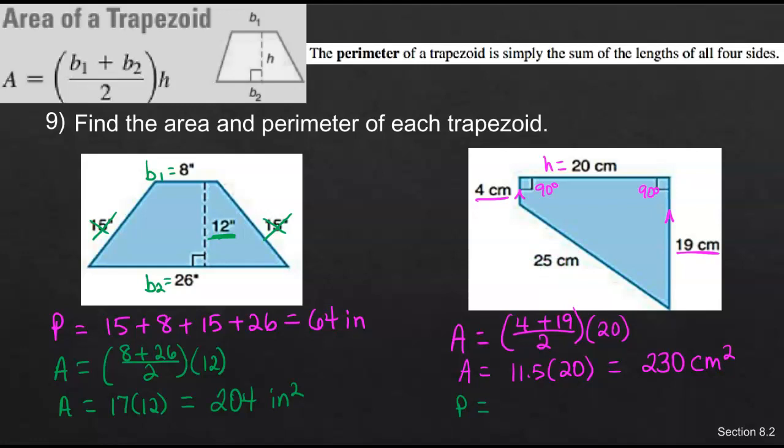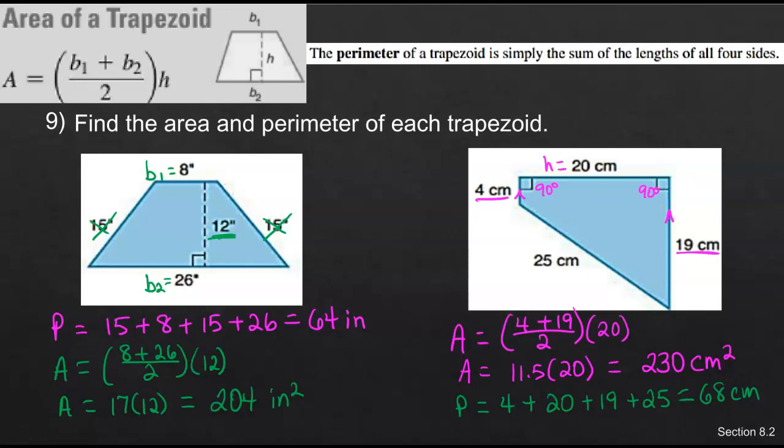And so for our perimeter, we actually need all 4 of these because we don't have it drawn inside the trapezoid this time. It's on the outside. We will have 4 plus 20 plus 19 plus 25. So perimeter of 68 centimeters.